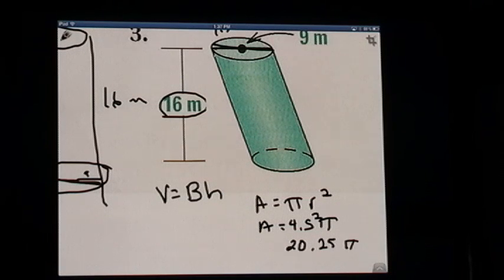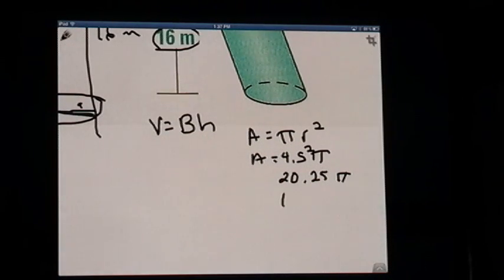And then multiply that through by pi. 63.62. And that's going to be in meters squared. That's the area of the big base.